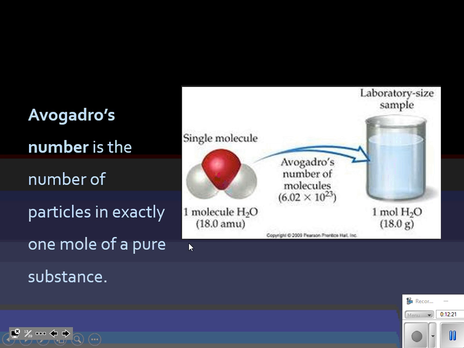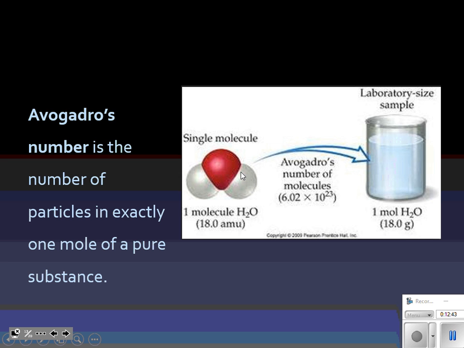This number here has been rounded to 3 sig figs, okay? So we take the numbers off the periodic table for 2 hydrogens and 1 oxygen, and it gives me 18.0 AMU. So that would be the atomic mass units for 1 molecule of water.